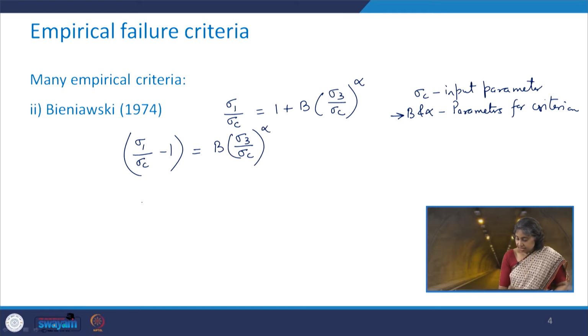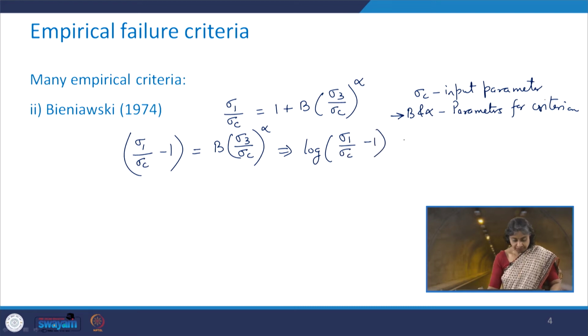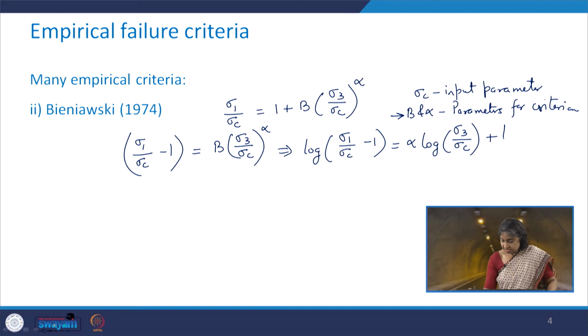Now I take the log. So I will have here log of (sigma 1 minus sigma c)/sigma c, that is equal to alpha log of sigma 3 upon sigma c plus log of b.